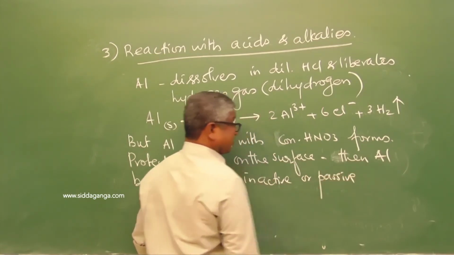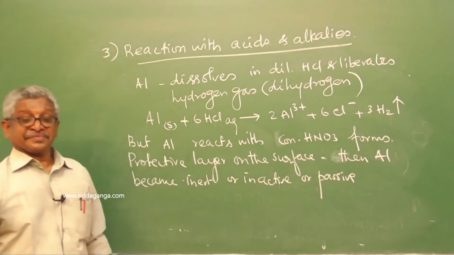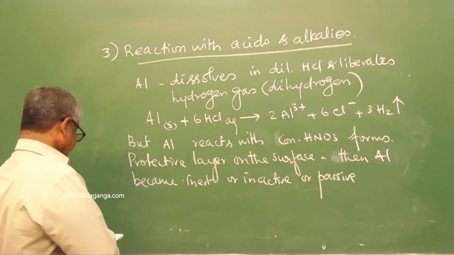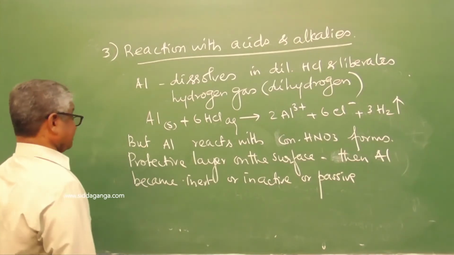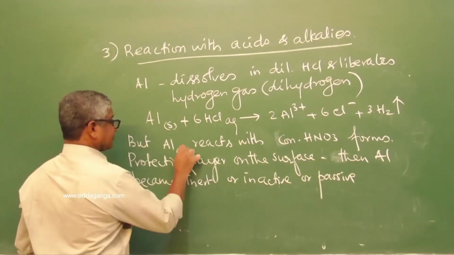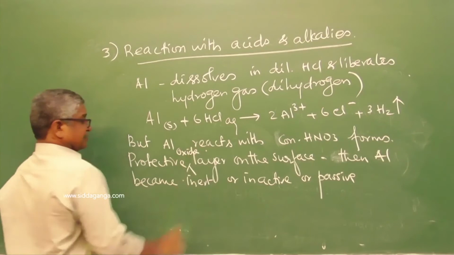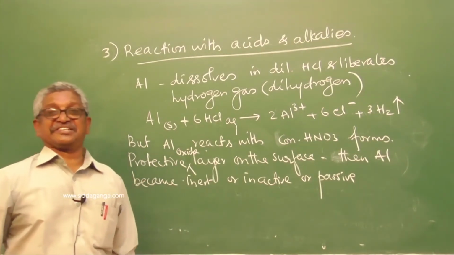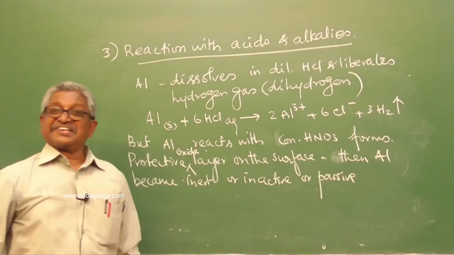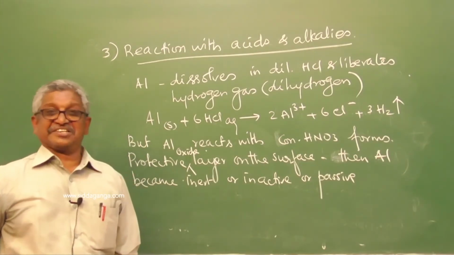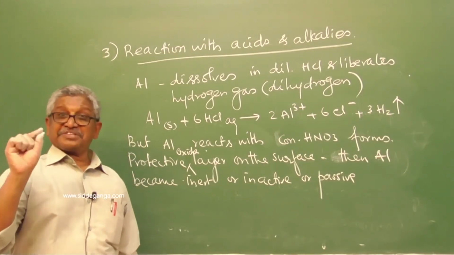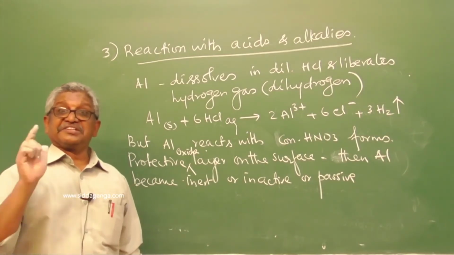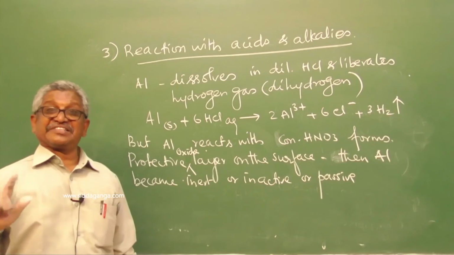Further, no more reactions, because of the protective oxide layer. So only the surface of the aluminium reacts with nitric acid. Nitric acid is also an oxidizing agent and forms the aluminium oxide layer on the surface, so the inner aluminium is further protected.